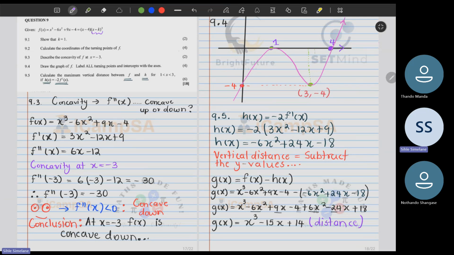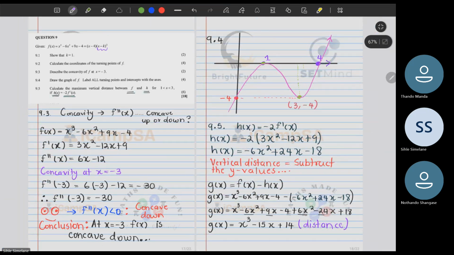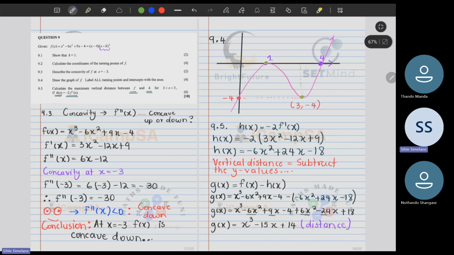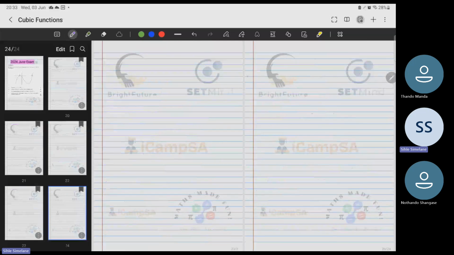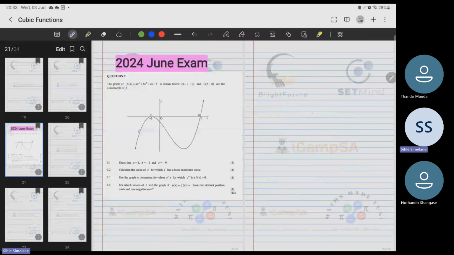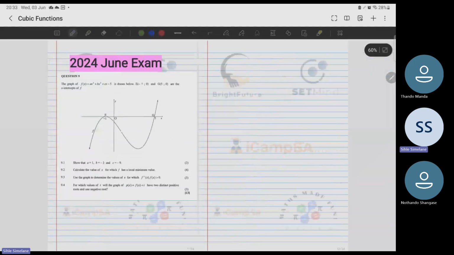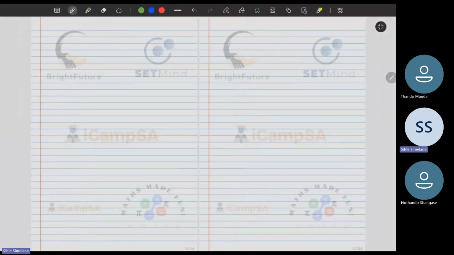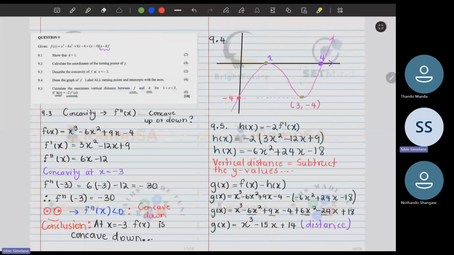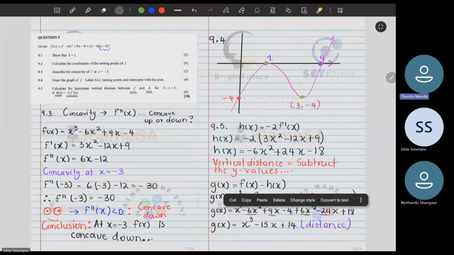Now we want to maximize distance. If they're speaking about maximizing something, this should ring bells from what we learned a while back in calculus. You guys remember that lesson. If they say we should maximize a given expression, what do we do to that expression to find the maximum value?